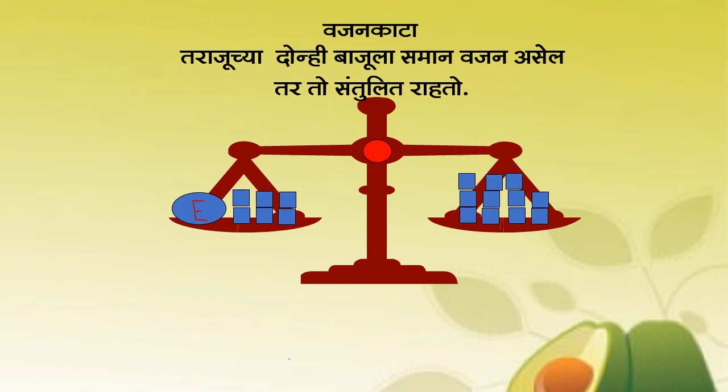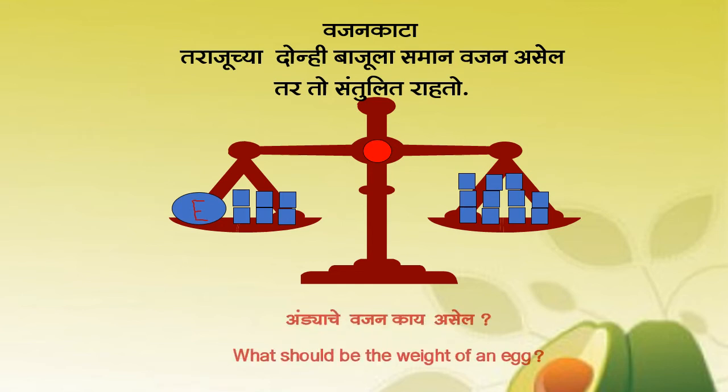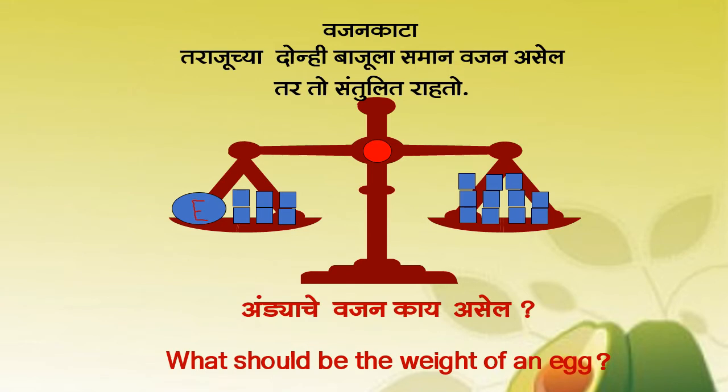11 blocks are there. Now if we have to find out the value of this egg or the weight of this egg, how can we find it? So with the help of an equation, we can find out the weight of an egg. What should be the weight of an egg?